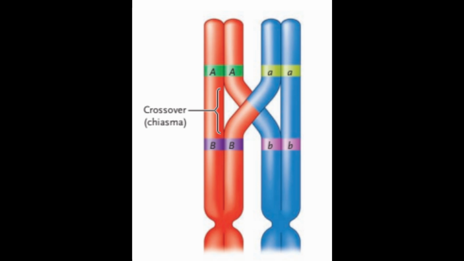But in sexual reproduction, the two daughter cells are not genetically identical to each other, and they are also not genetically identical to their mother cell. So one of the reasons behind that is itong crossing over na ito. The other reason is yung tinatawag natin na independent assortment, which we will also talk about later.